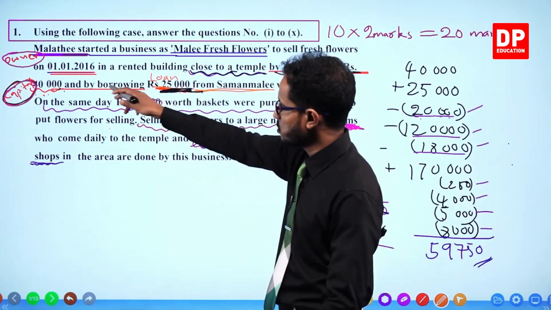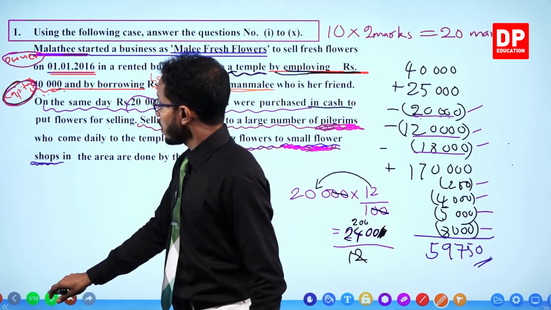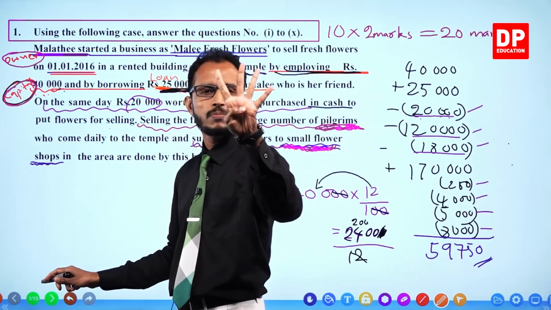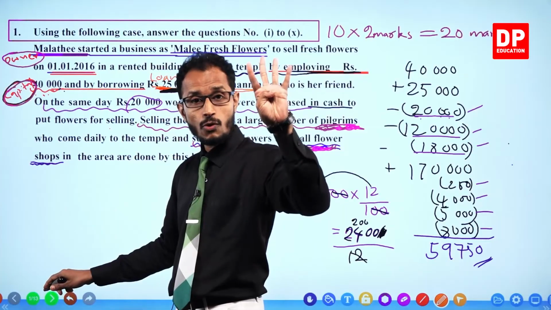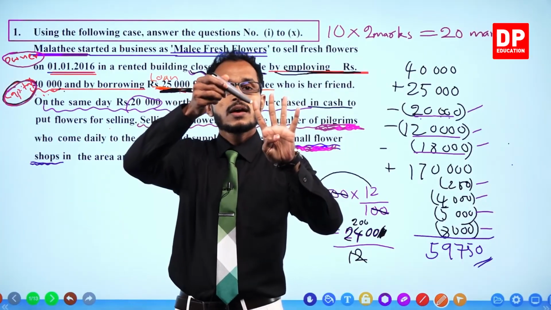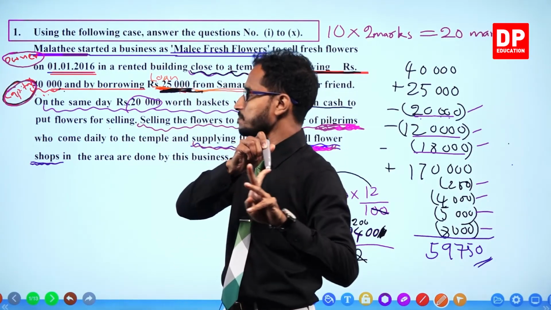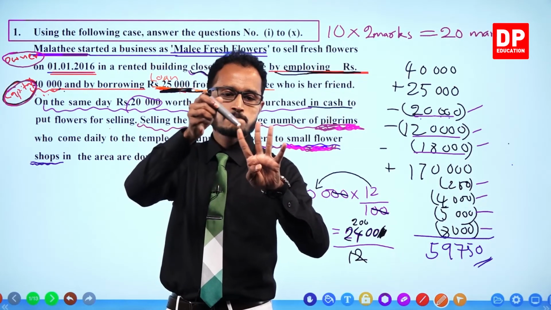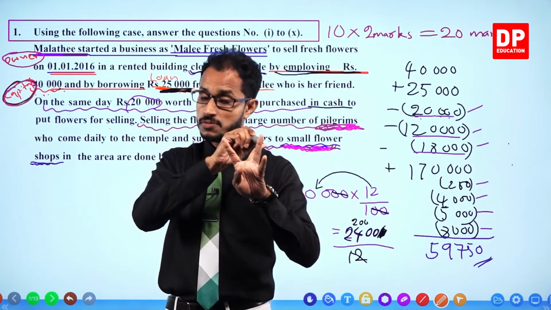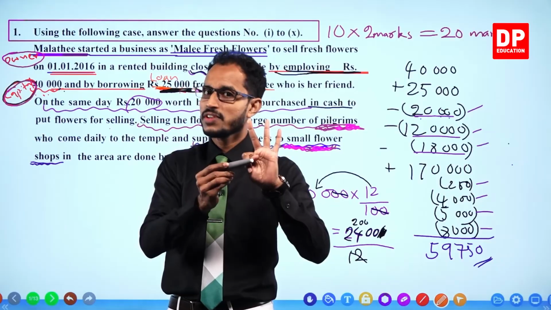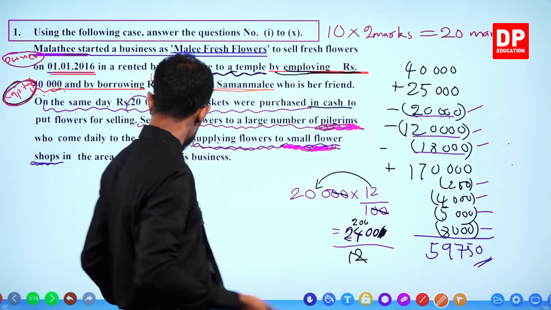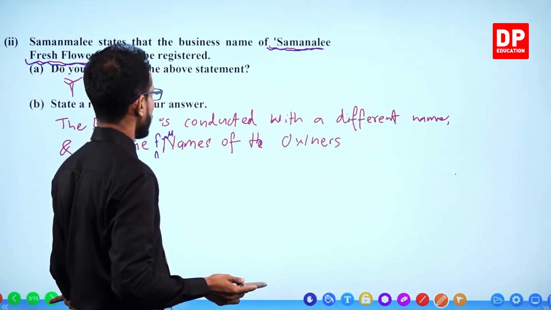You don't have to do that here because you have the opening capital and there are only four situations that change equity. Additional capital, which is not here, increases the equity. But we don't have additional capital in this case. Profits increase equity. And we have a profit.